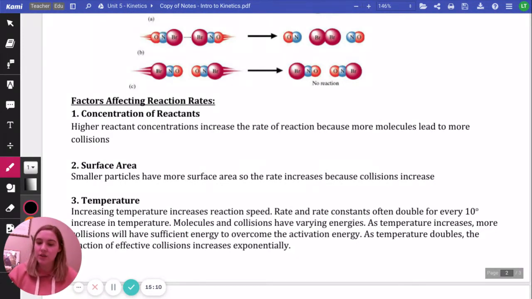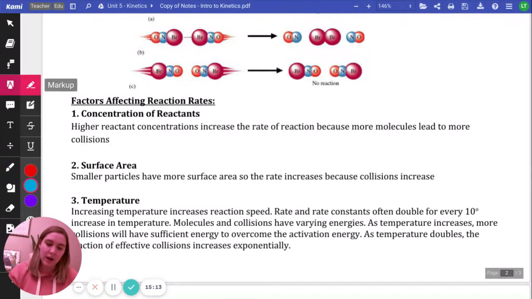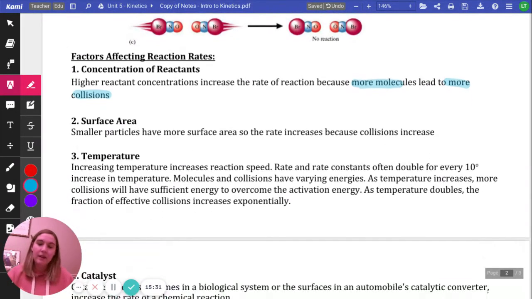So higher reactant concentrations increase the reaction rate because if we have more molecules, there's more collisions. The more collisions you have, the more likely it is that those collisions are going to have the proper orientation and the proper energy in order for our reaction to take place. So higher concentration, more molecules means more collisions.